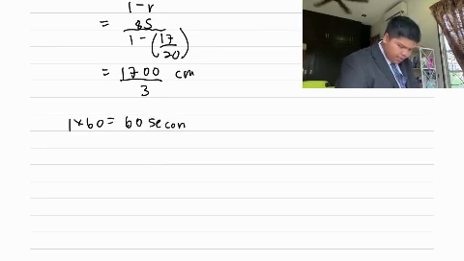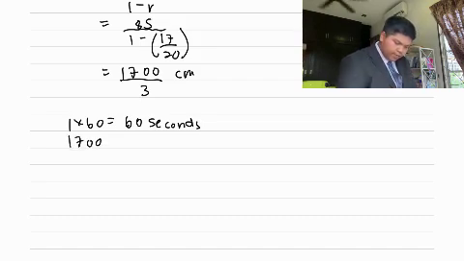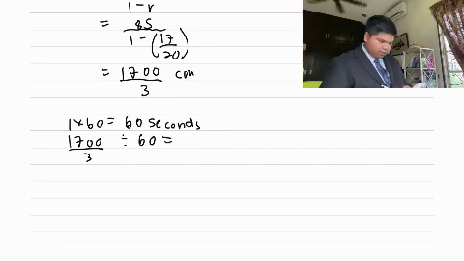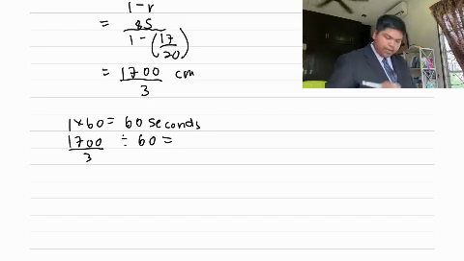Thus, the speed is 1,700 over 3 divided by the time taken, which is 60 seconds, is 85 over 9, but because this is speed, I recommend writing it down in decimal points.